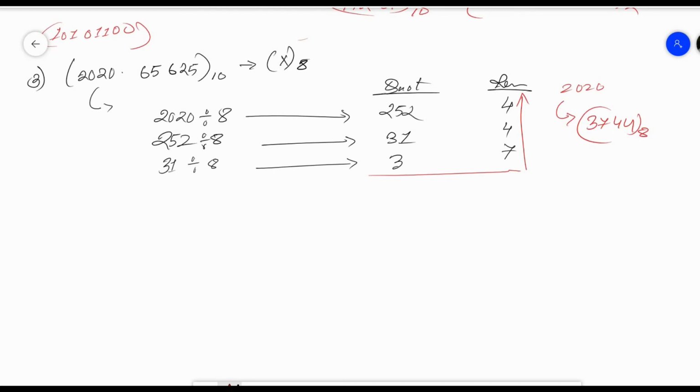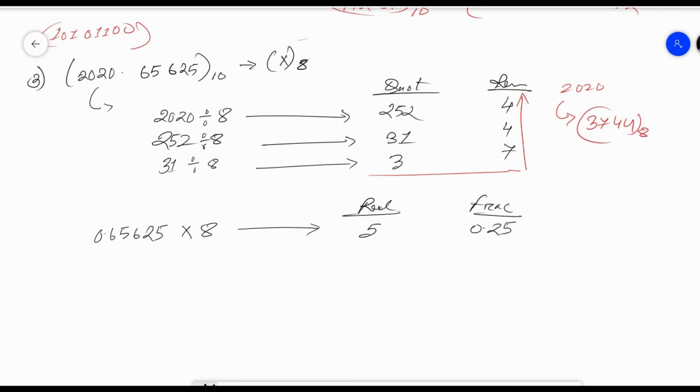Now we have the fraction part, which is 0.65625, and we multiply it with the base of octal, and we have the real part and the fraction part. So if we multiply this number with 8, we get 5 in the real part and 0.25 as fraction.